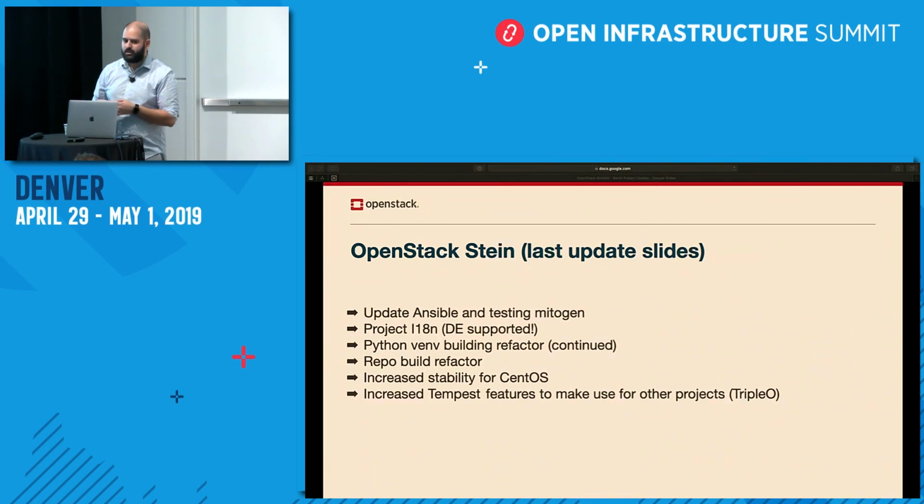Part of the amazing work effort done by Jesse, and I don't think he's going to be here until the PTG, but Jesse headed all of this, and he refactored this entire thing. Now it's kind of like just-in-time building. The packages are built during the deployment stage, rather than in the pre-preparation stage.